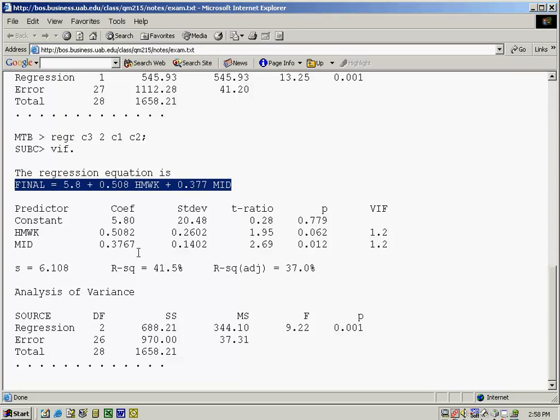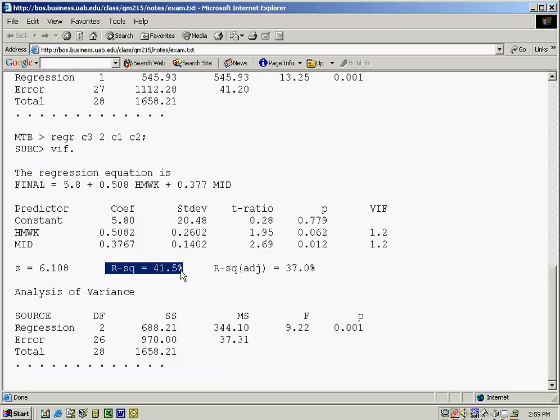We could find it there or in the routine type of table that regression outputs have, where you have the coefficient column 5.8, 0.5082, 0.3767 for beta hat 0, beta hat 1, beta hat 2. Beside those we have the standard errors. And from that we'll also take the R squared and the fact that we have 29 observations.